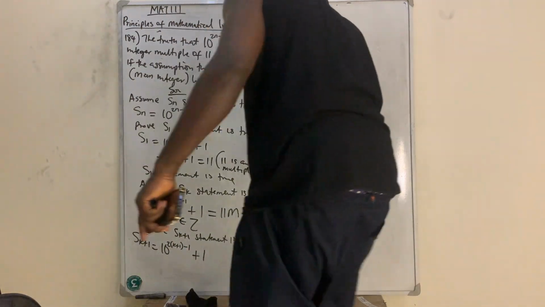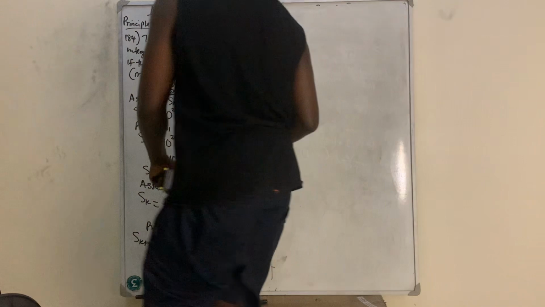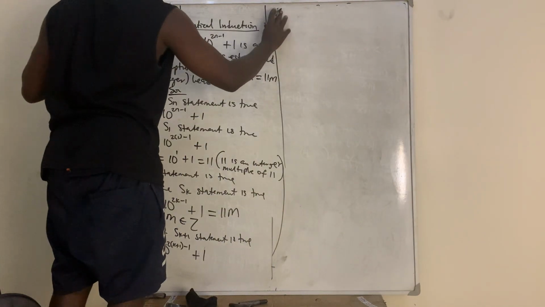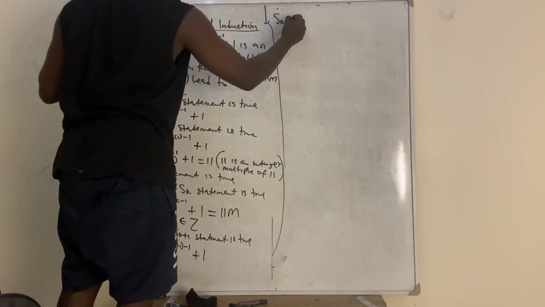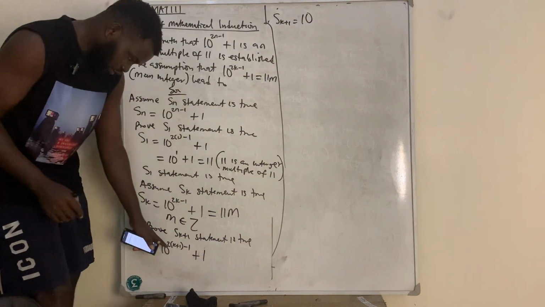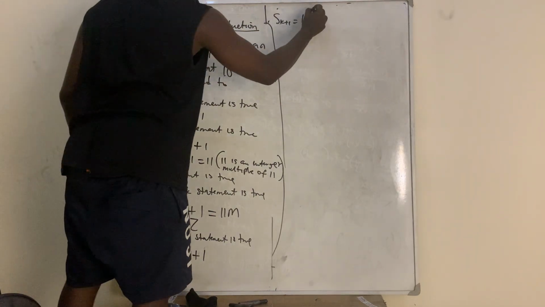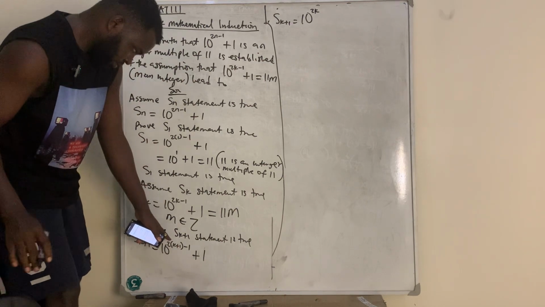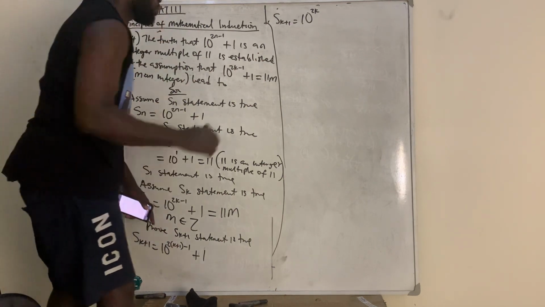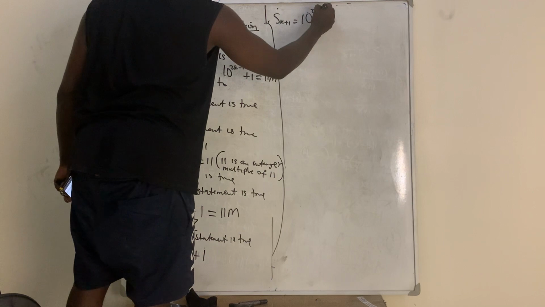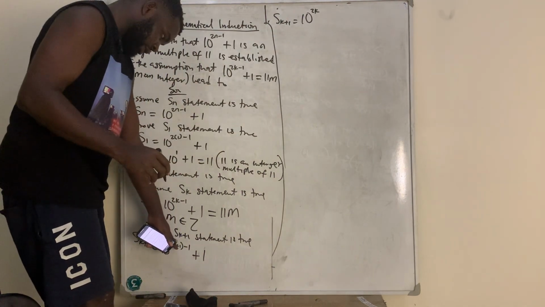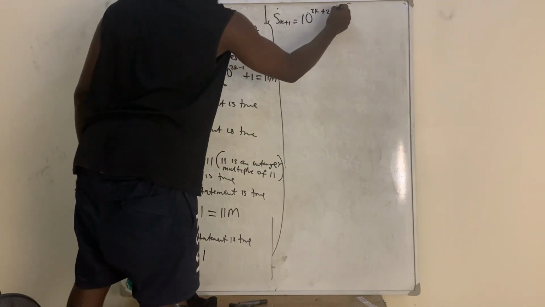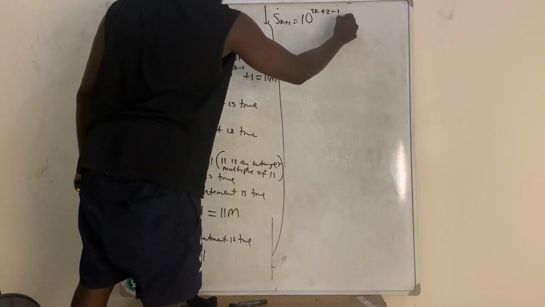If you finish up this, you'll be having SK plus 1 is equal to 10 raised to power 2 times K plus 1. 2 times 1 is 2. That is plus 2, then minus 1. Then I have plus 1.